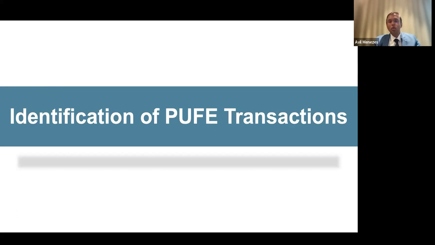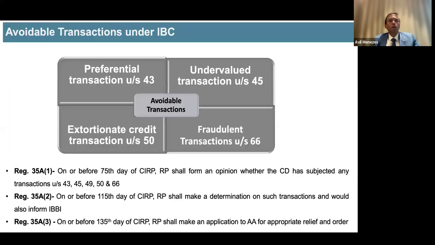Earlier there was no deterrence, but IBC being unique, the law has cast a duty on the insolvency professional to examine such transactions and to file an application. There are four types of transaction, essentially five types. There's a preferential transaction under section 43.